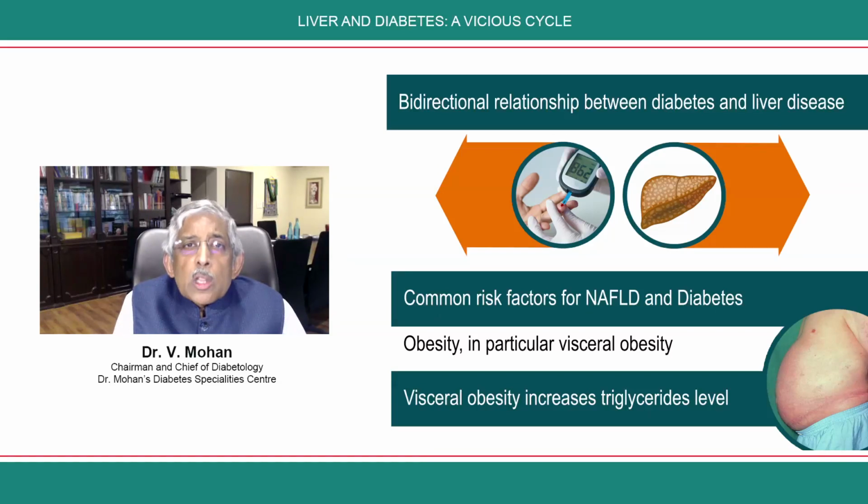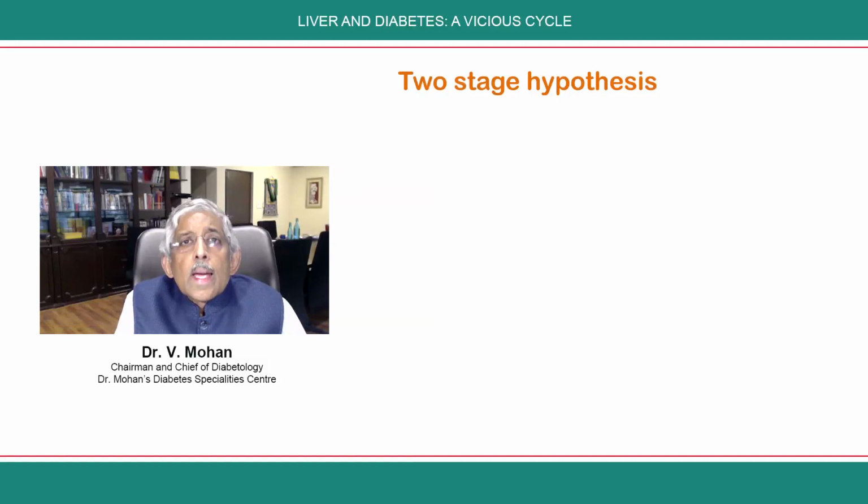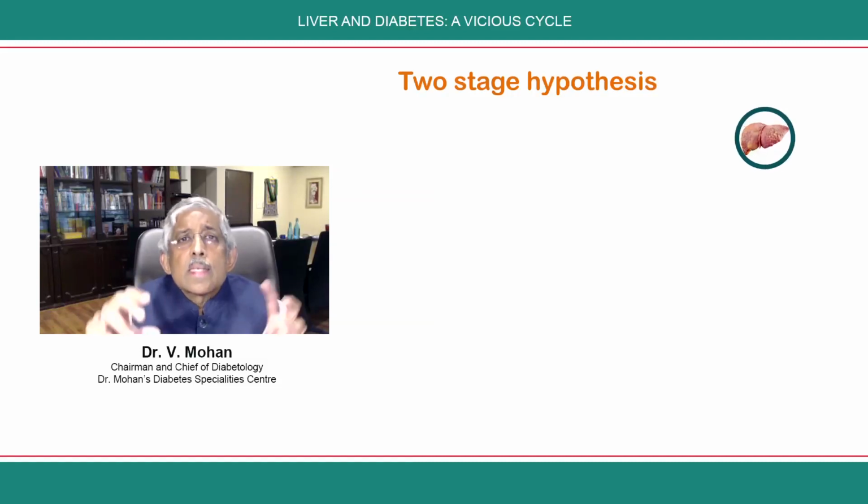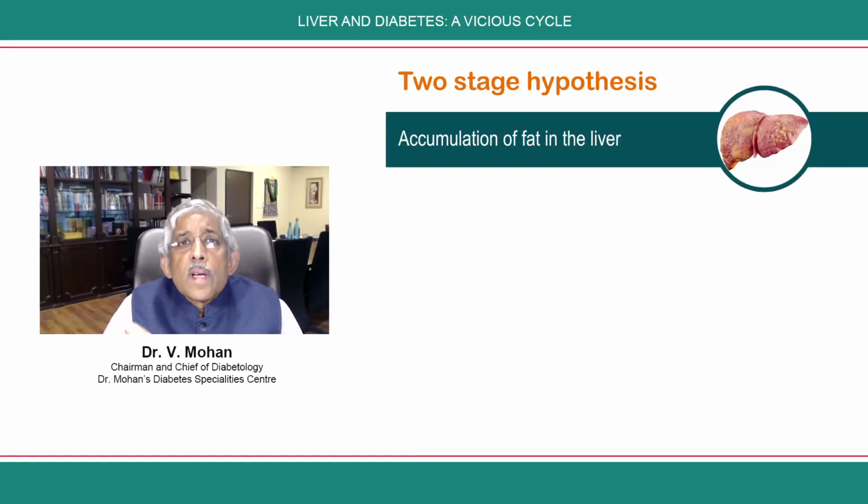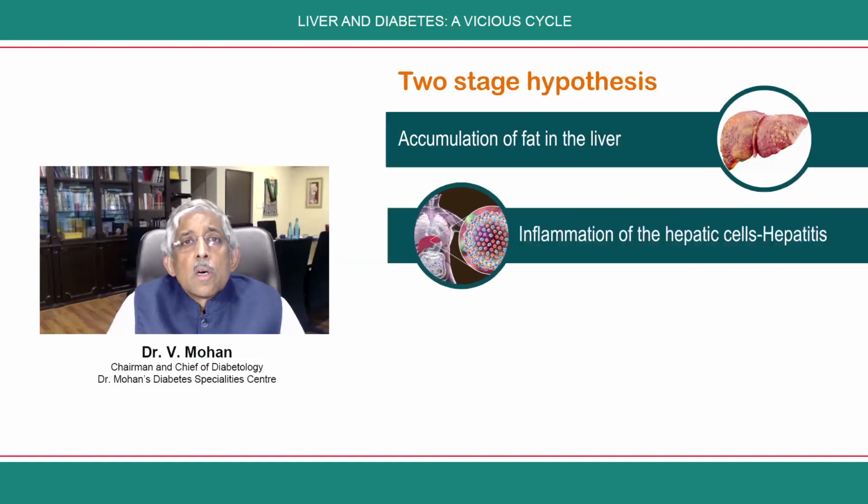So, in the pathogenesis of non-alcoholic fatty liver disease, they talk about a two-hit hypothesis or a two-stage hypothesis. The first stage is just accumulation of the fat inside the liver. The triglycerides just go and settle down, the hepatic triglycerides. So that's the first step. The second hit occurs when some kind of an inflammation occurs. The hepatic cells can get inflamed. When that happens, then that leads to hepatitis.